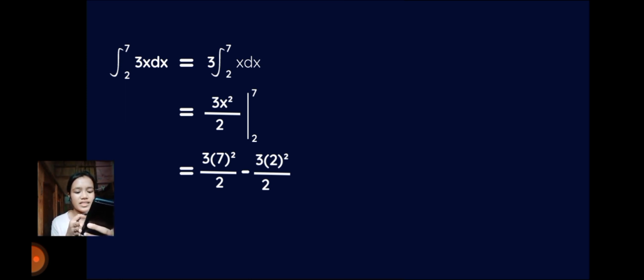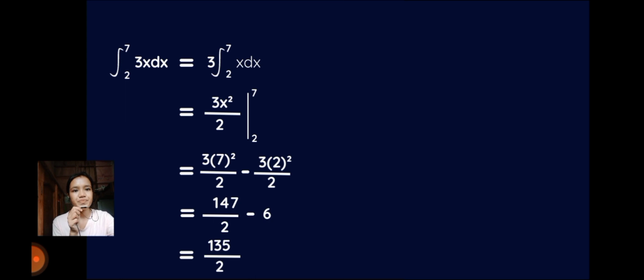So the result would be, using your calculator, let's calculate 3 times 7 squared over 2. The answer would be 147 over 2, and minus 3 times 2 squared over 2. The answer would be 6.